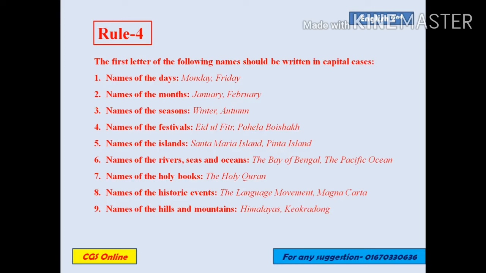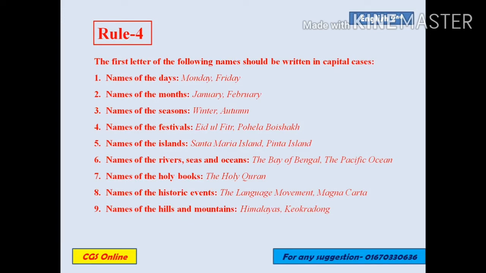And that's why we write them in capital letter. Actually, these are also proper noun phrases. Name of the islands, specific name of the island. These are also examples of proper nouns. That's why they should also be written in capital letter. For example, Santa Maria Island, Pinta Island.